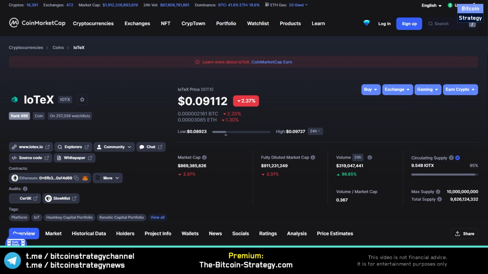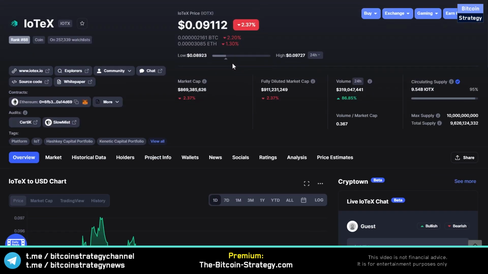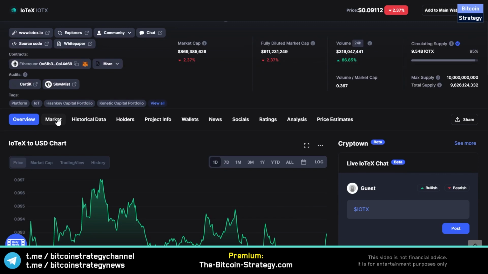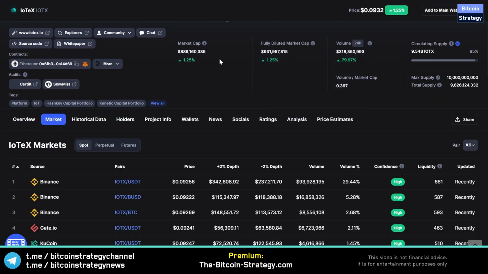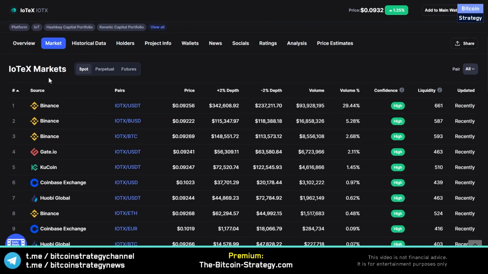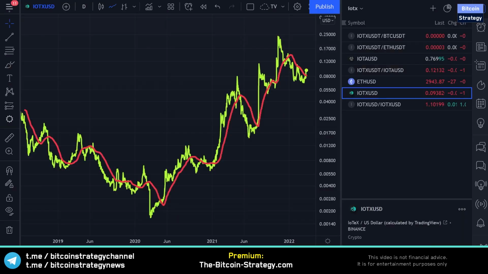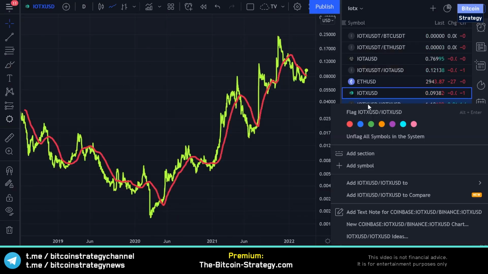Now, first of all, I want to make clear what I'm actually talking about here when looking at IoTeX. IoTeX has two kinds of tokens. I'm going to talk about the Binance listed IoTeX, so the token that's currently at 9.2 cents. When we look at the version listed on Coinbase, that token is currently at 10.2 cents. So there is a difference when we look at both exchanges.